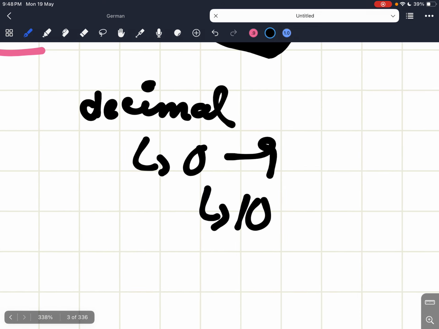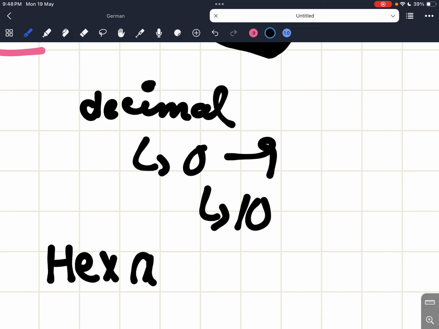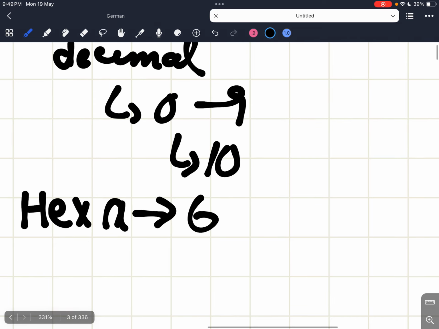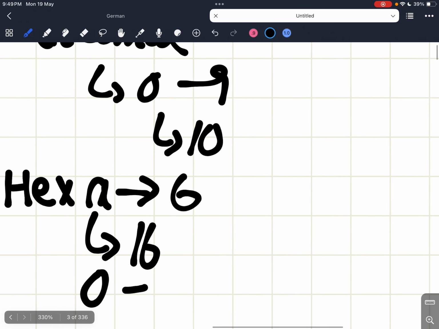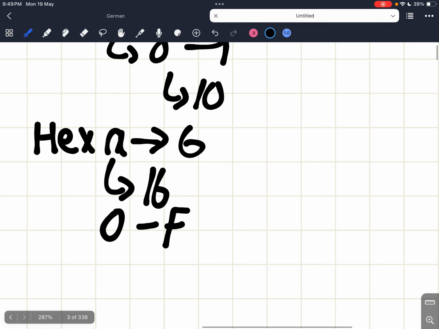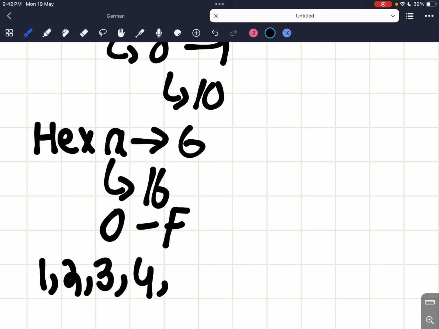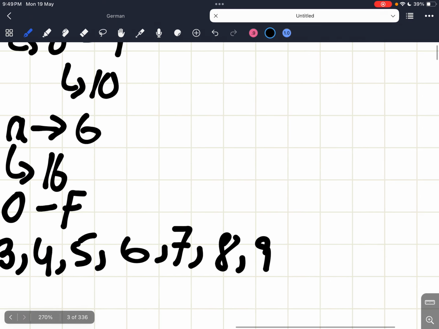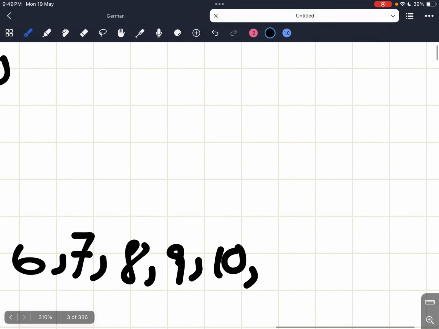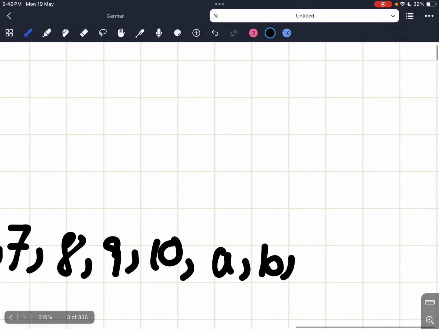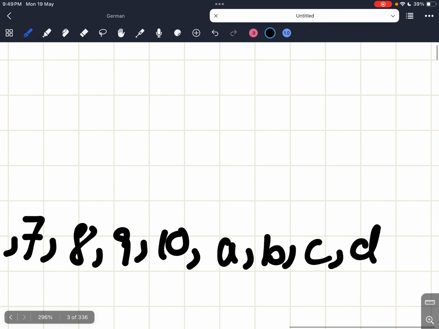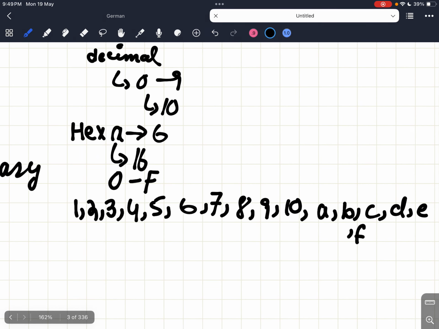Hexa means 6, and adding decimal, which means 10, it has 16 symbols in total, from 0 to F. So it's 0 to 9, and then there's A, B, C, D, E, and F. These are the 16 symbols that we use.